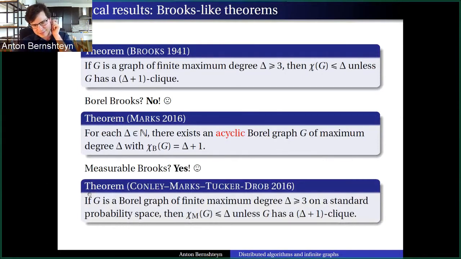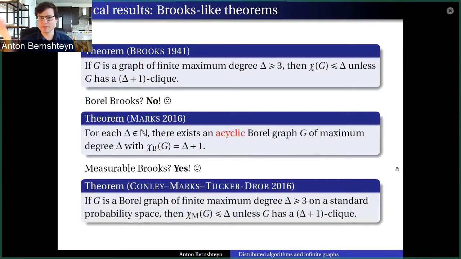So if G is a Borel graph of maximum degree delta at least 3 on a probability space, then you can color it with delta colors so that every color class is measurable, unless it has a delta plus 1 clique. So just like Brooks' theorem, somehow here a set of measure 0 makes all the difference, and you can get rid of the plus 1 because of it.